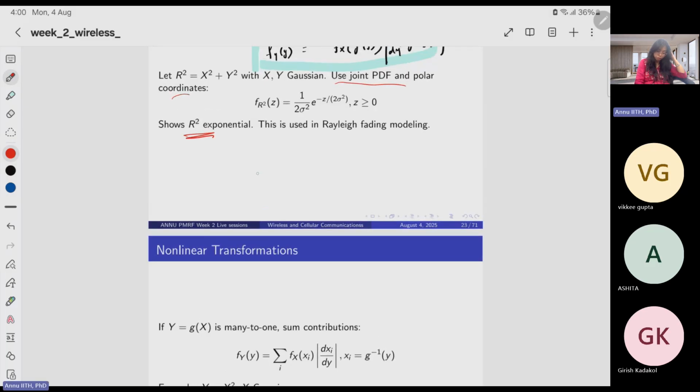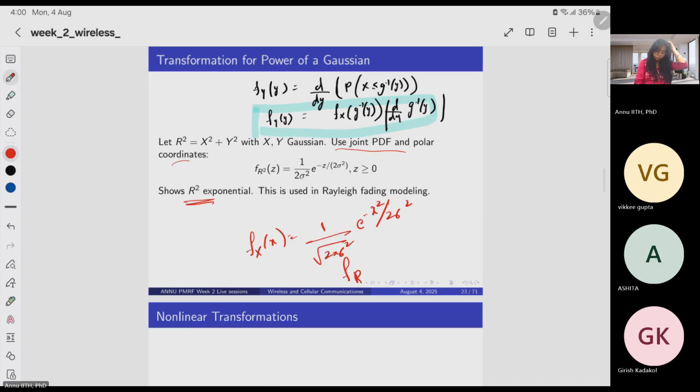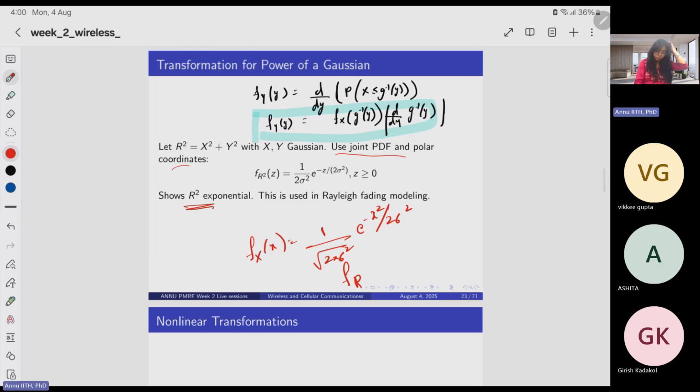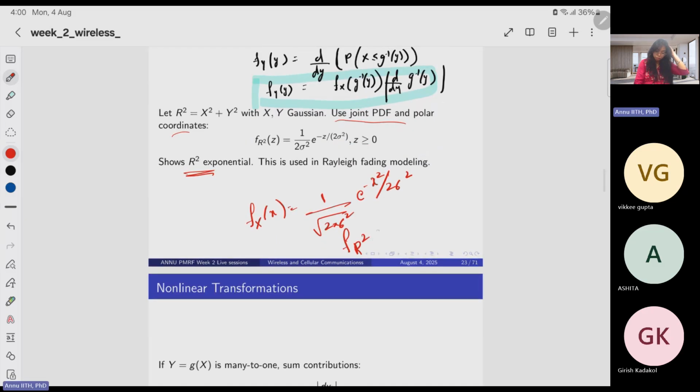In Gaussian, what you saw is f of x is equal to 1 over root of 2 pi sigma square, e power minus x square by 2 sigma square. Isn't it? This is also exponential, right? But once we talk about the Rayleigh distribution, the transformation for power of Gaussian, this is coming: z, let's say z, 1 over 2 sigma square e power minus z divided by 2 sigma square, where z is greater than or equal to 0.